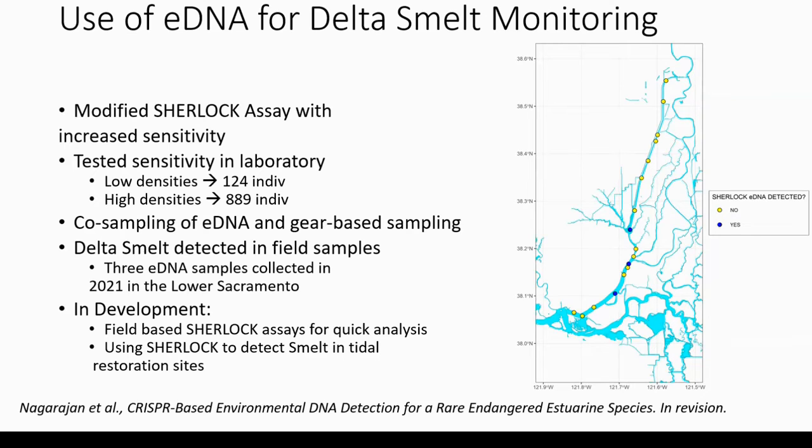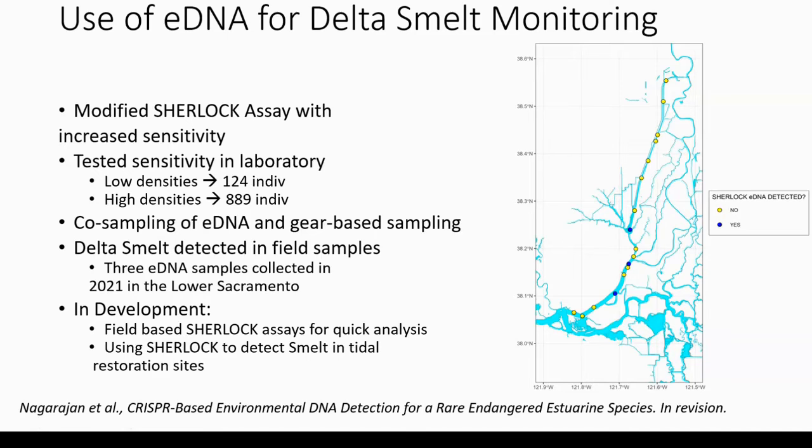And then conducted co-sampling with the EDSM monitoring team with eDNA in addition to their gear-based sampling, and found that 3 eDNA samples collected in 2021 in the lower Sacramento River, so these blue dots here on this map, showed that delta smelt were in the system, although they were not caught in the trawls.